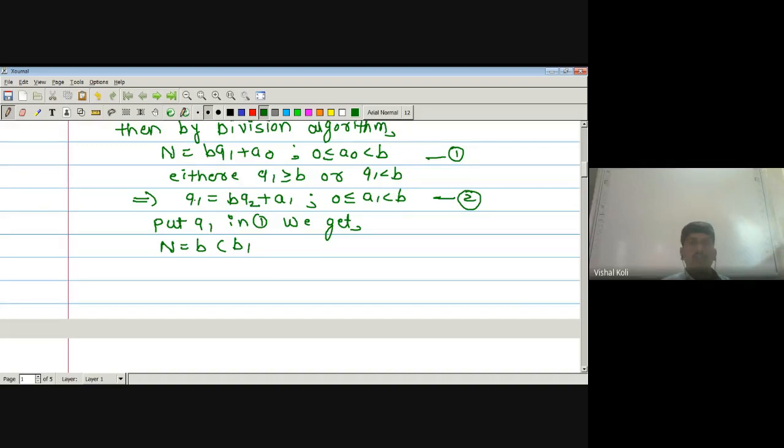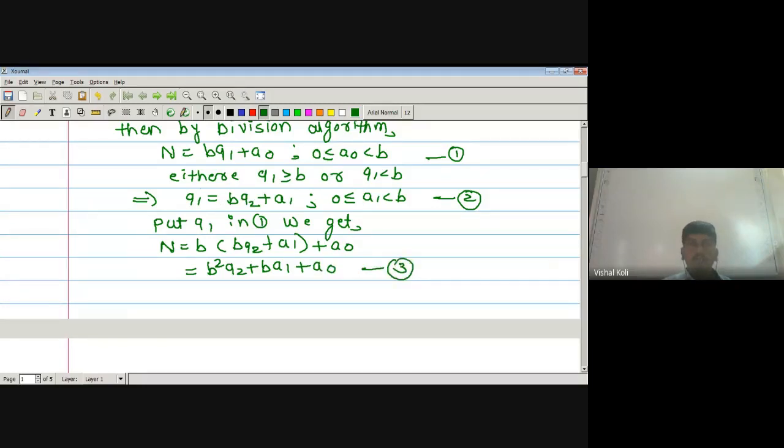So q1 is nothing but b into q2 plus a1, plus a naught, which is nothing but b square q2 plus b a1 plus a naught. Let us take this one as equation 3.